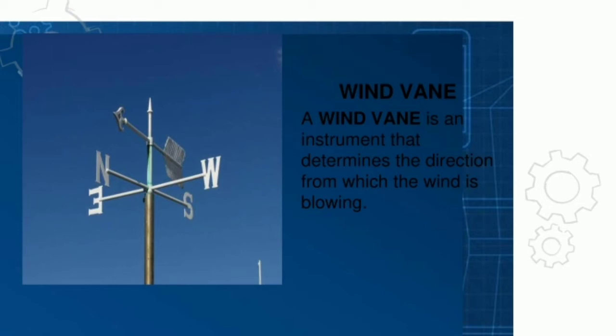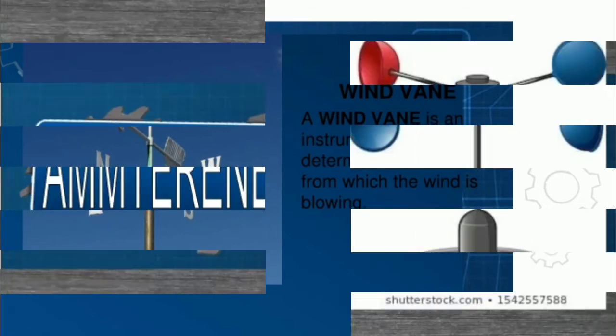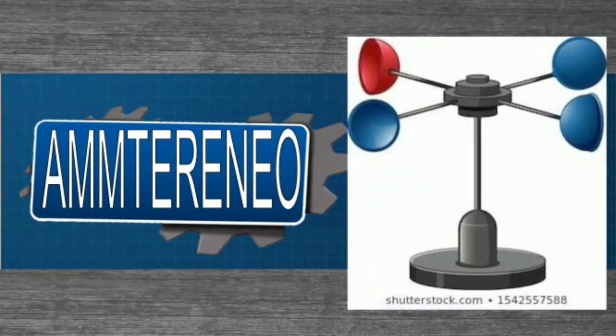The vane itself will generally feature a point on one end and a long, broad shape at the other. This will ensure the vane always points in the direction the wind is originating from.